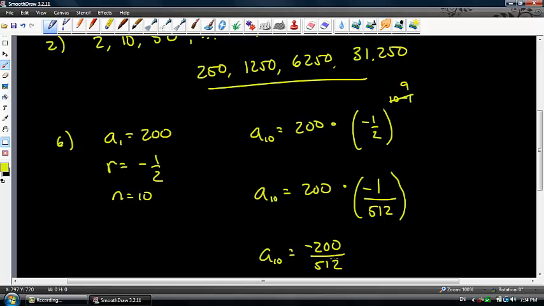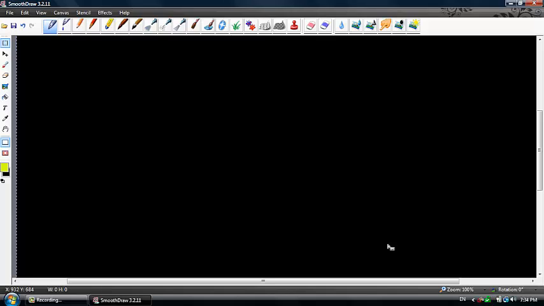You can go fraction to decimal, especially if you have one of those smart TIs or the Casio calculator, which becomes -25 over 64. Okay, so that is number 6.